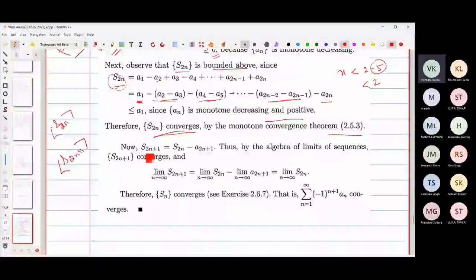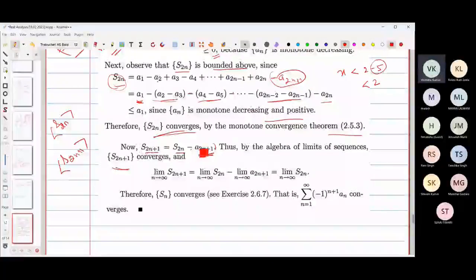Similarly, we make the sequence S2n plus 1. What is S2n plus 1? It is S2n with one more term added, because this is odd. So minus, minus will become minus here. After S2n, the next term that comes is minus A2n plus 1. So we can write S2n plus 1 equals S2n minus this one.